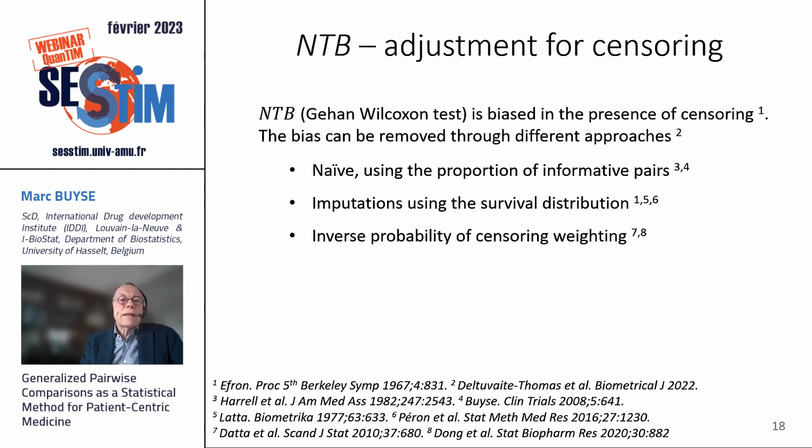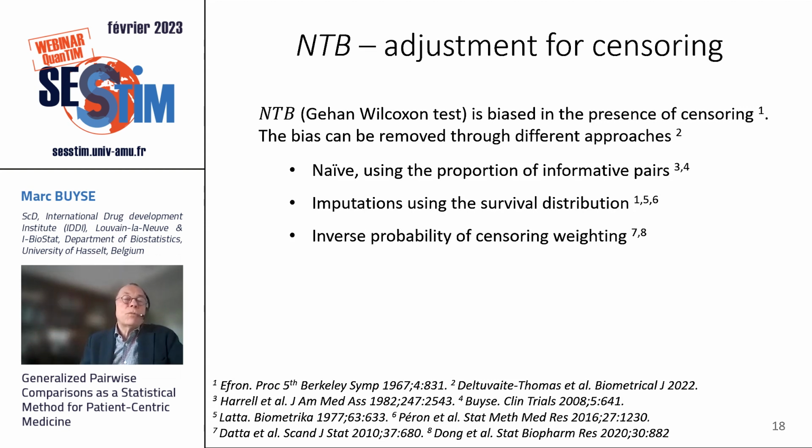There is a naive approach that is very easy to adapt for the Wilcoxon test, which is to look at just the informative pairs. In other words, ignore the ties, and then you get an unbiased estimate of the net treatment benefit or the win ratio. Imputations can be done using the survival distribution, and this is what Efron initially suggested, and then Peto and Peto also used this approach for their log rank test.